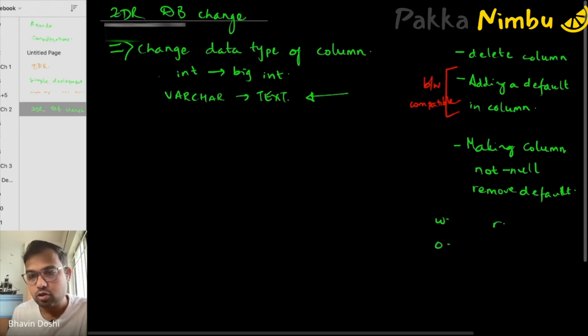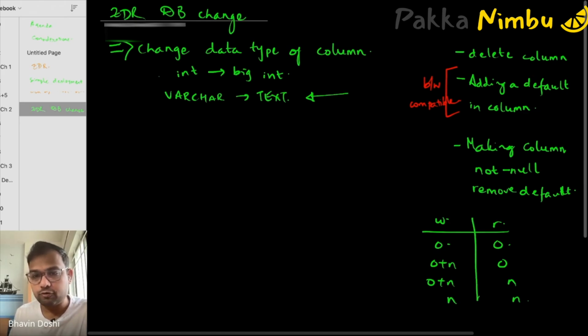Old, old plus new, new. If this is your template of a 4-step rollout, how will you go from an int to a bigint?